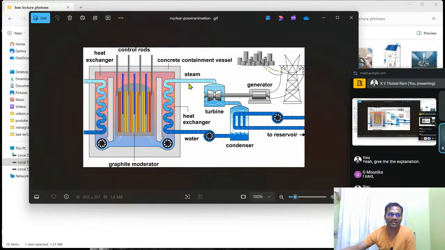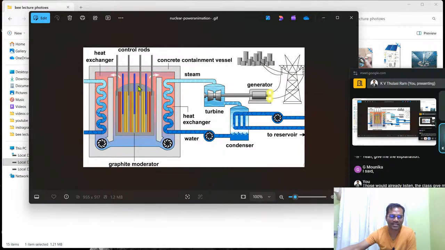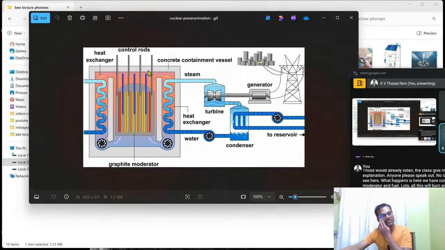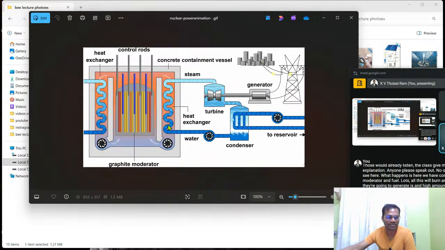See here, what happens is we have control rods, moderator, and fuel rods. All this will burn, and what they generate is a high amount of energy. That high amount of energy combines with the water and reaches our heat exchanger. From the heat exchanger, the total heat energy is converted into steam, and the steam will run our turbine.